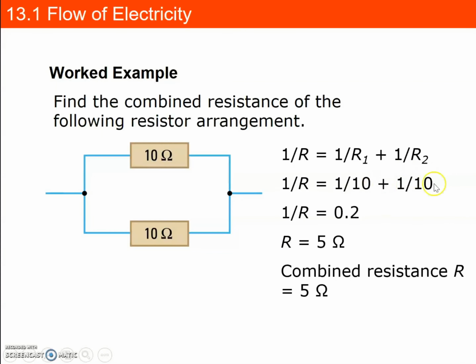You substitute in your R1 and R2, 10 each. You get 1 over R equals 1/10 plus 1/10, which is 2/10, 0.2. Then, to get R, you take 1 divided by 0.2, or you invert it, and you get 5 ohms. So the combined resistance R is 5 ohms in this example.